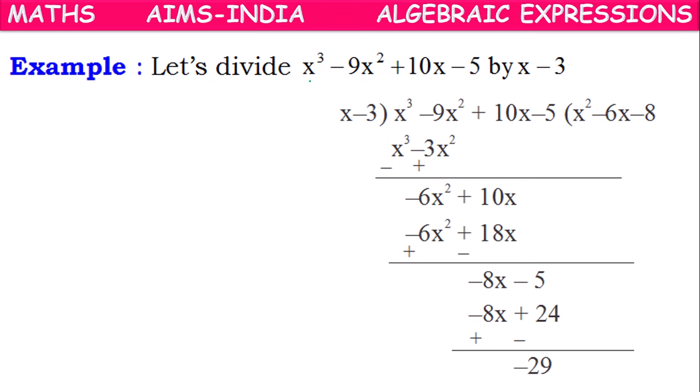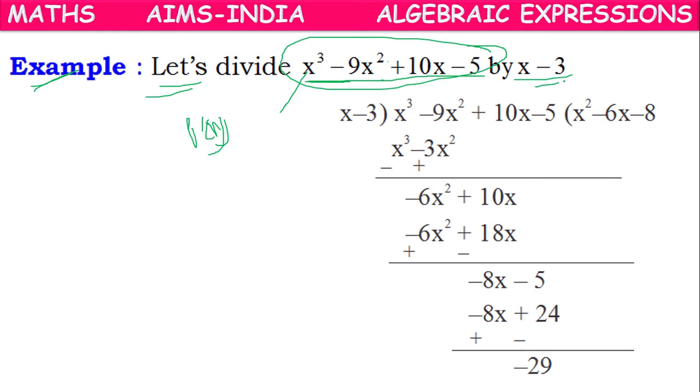Now let's solve this problem using the division algorithm. So let's divide x cube minus 9x square plus 10x minus 5. This is to be divided. We can take it as p of x, by x minus 3. We can take it as g of x. Now p of x is to be divided by g of x.